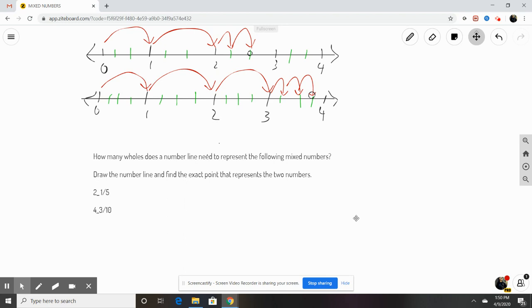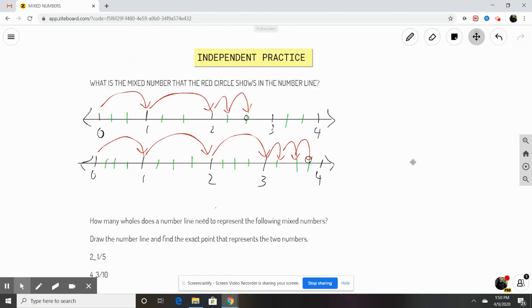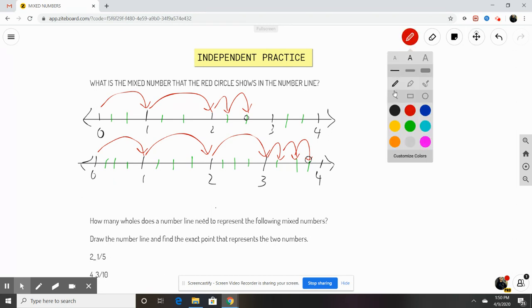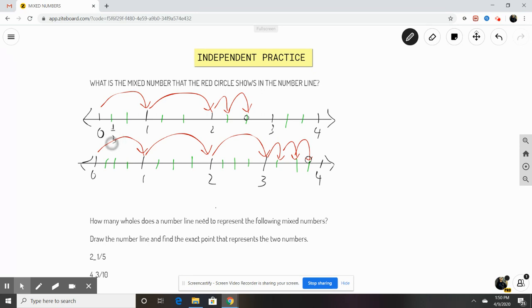All right, at this point, I'm going to check this independent practice with you. So let's check this first example. What is the mixed number that the point represents? If you take a look, each whole is split in 1, 2, 3 equal parts, which tells us each one of these points is 1/3.